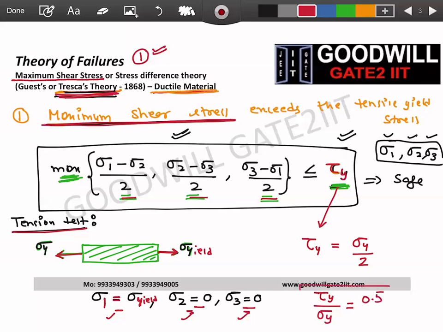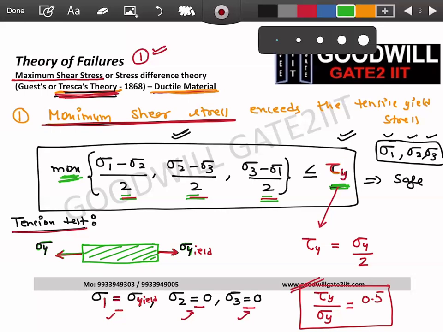No one in the world can change this ratio. Now, why have we done this? Most of the times in your GATE numerical, they will give you Tresca theory to apply, and they will give you sigma y.